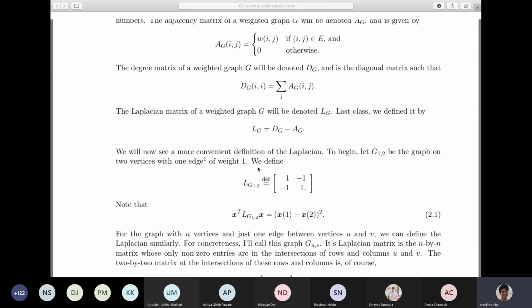Now someone was asking about the -1 for weighted graphs. Yes, for weighted graphs, the entries will not only be -1, but the condition still holds that the row-wise sum and the column-wise sum in a Laplacian will be 0. Okay.